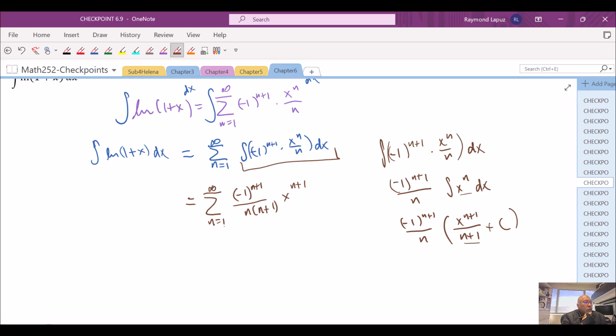We can do a shift in the index, just so we can make this look like x to the n. So let's imagine subtracting out a 1 from the n, and then we'll add 1 from the end here.